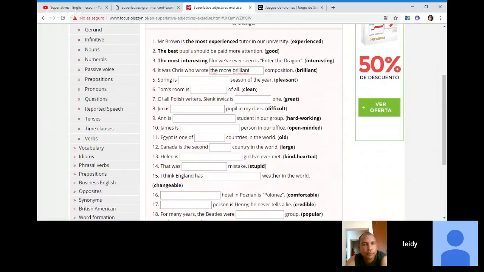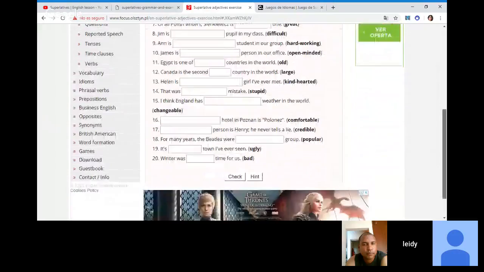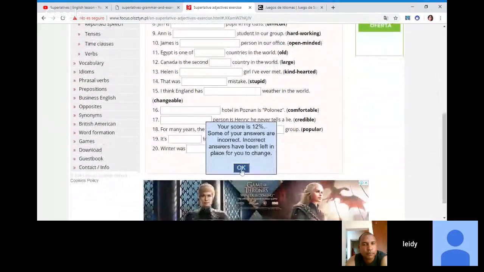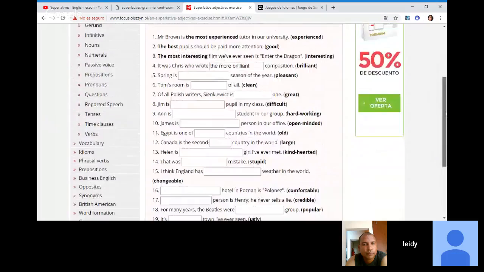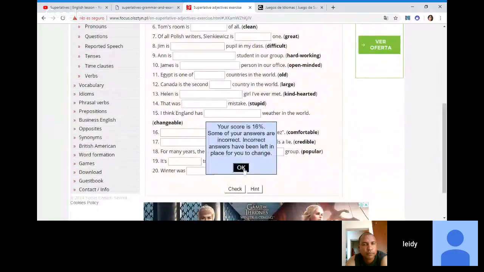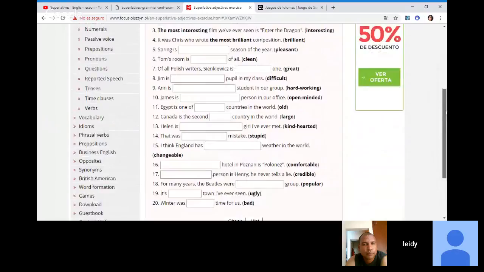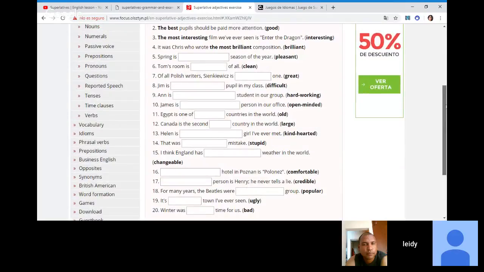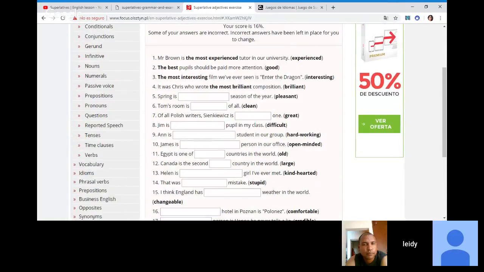More brilliant. No. What is the correct answer, Oscar? The most brilliant. Yes, of course. When you are using a superlative, you only write most. You don't write more, okay?